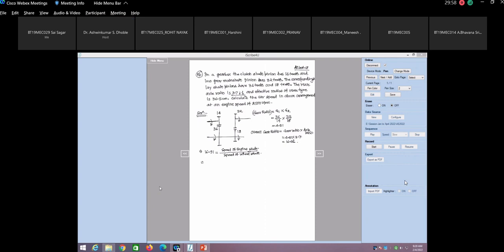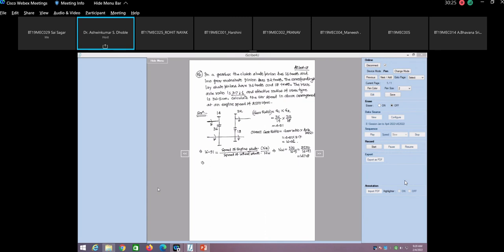So I will say engine shaft is NE, wheel is NW. So from here NW is equal to NE divided by 16.91. So it is 2500 divided by 16.91. Sir, how much is this value? This comes out to be 147.8.